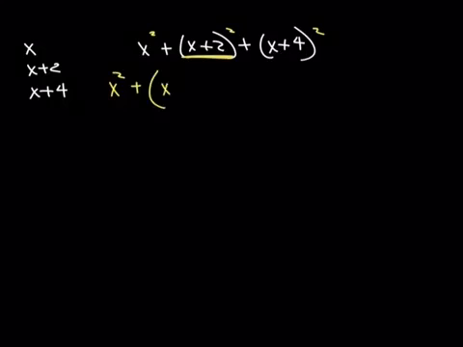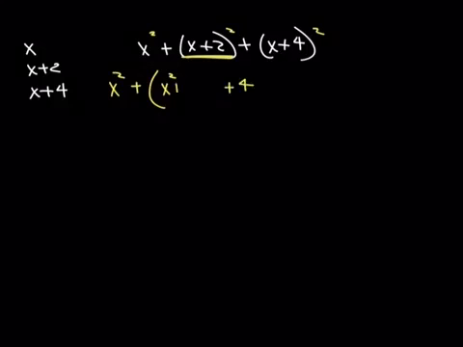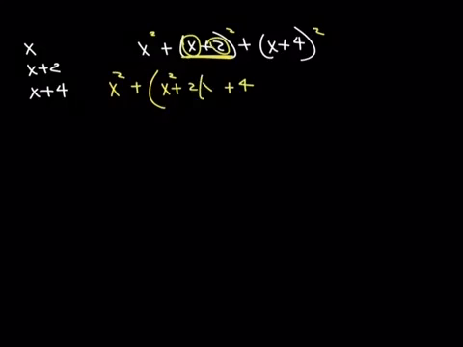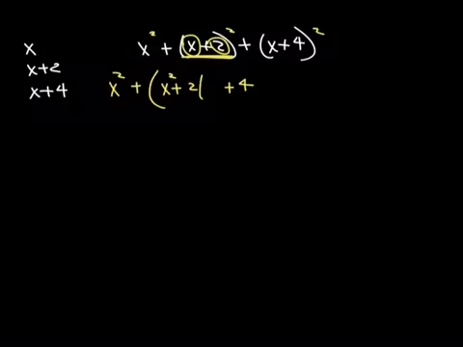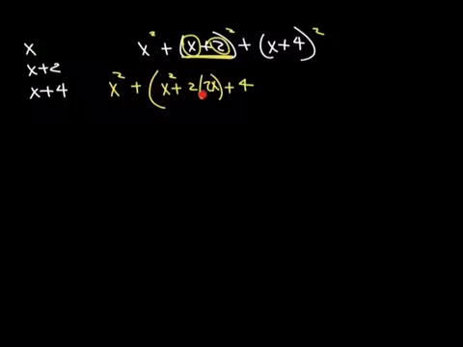We are going to square the first term, square the second term, multiply x times 2, and then double it. Okay, so there's my x times 2, and then I doubled it.